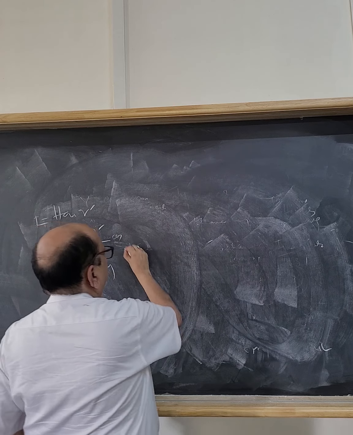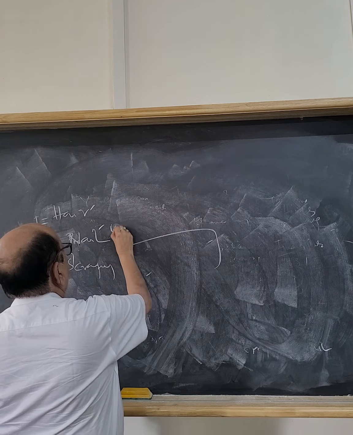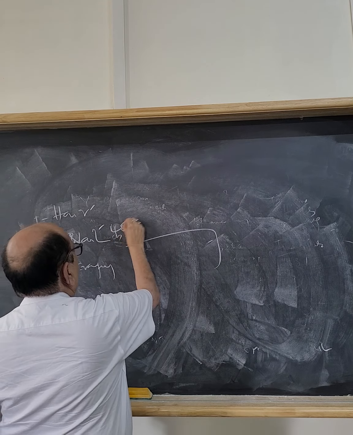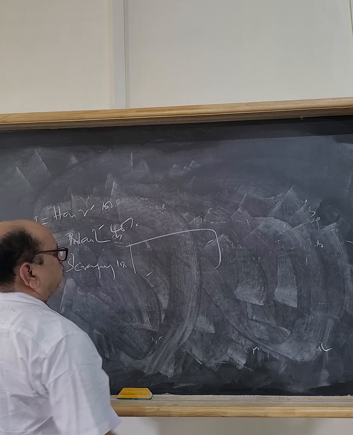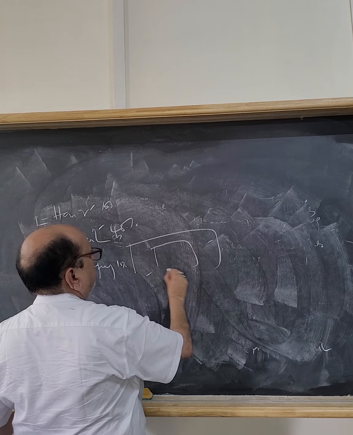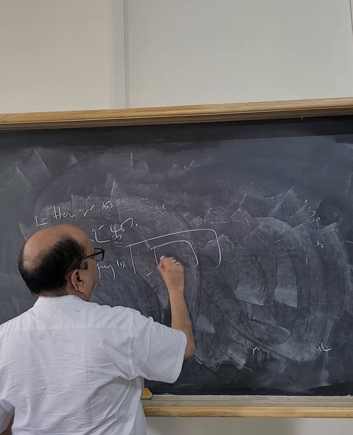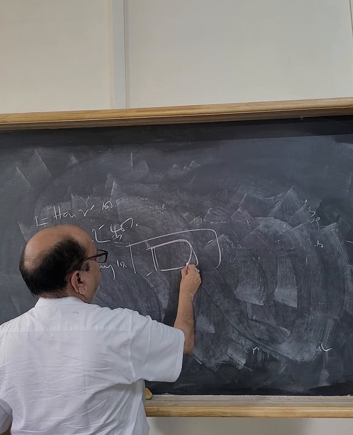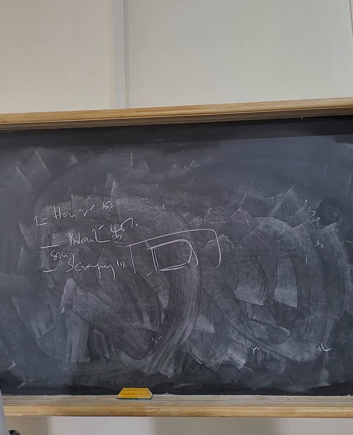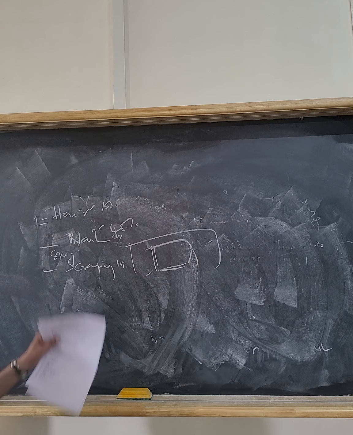Then you put it in KOH. Nail requires 40% KOH; the rest is 10% KOH. Put the KOH and a cover slip and look under the microscope.